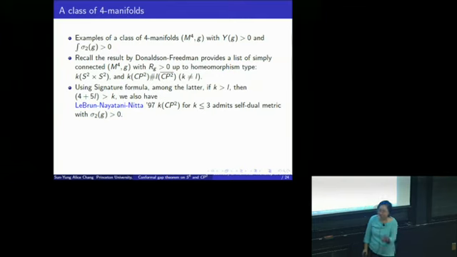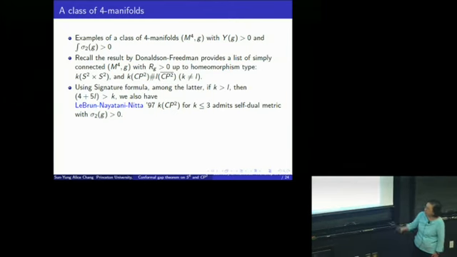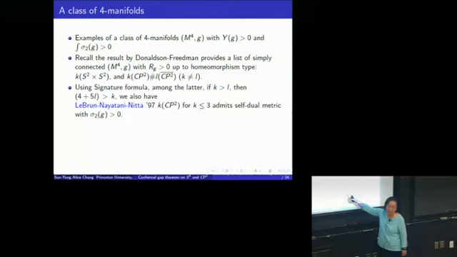Okay. And it turns out there is also the work of Claude LeBrun and Nayatani and Nitta, which says that the K copy of CP² for K less than or equal to 3 actually admits such a metric, sigma 2 positive, scalar curvature positive metric. So these are among the class of examples where this applies.